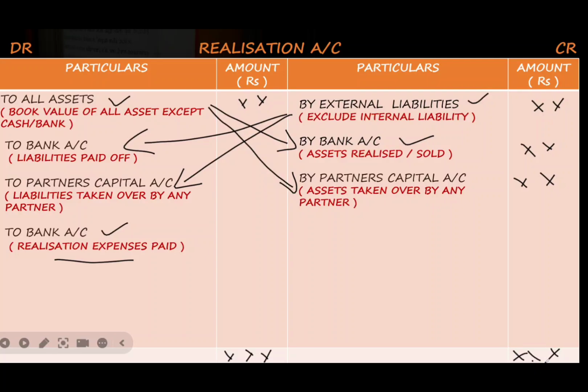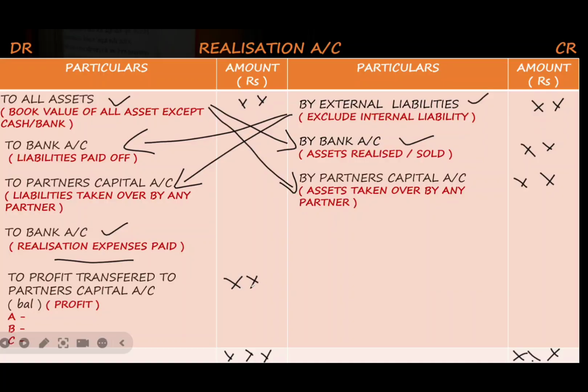So we write it on the debit side as to profit, which should be transferred to the partner's capital, and this profit is distributed to all the partners in their old profit sharing ratio.